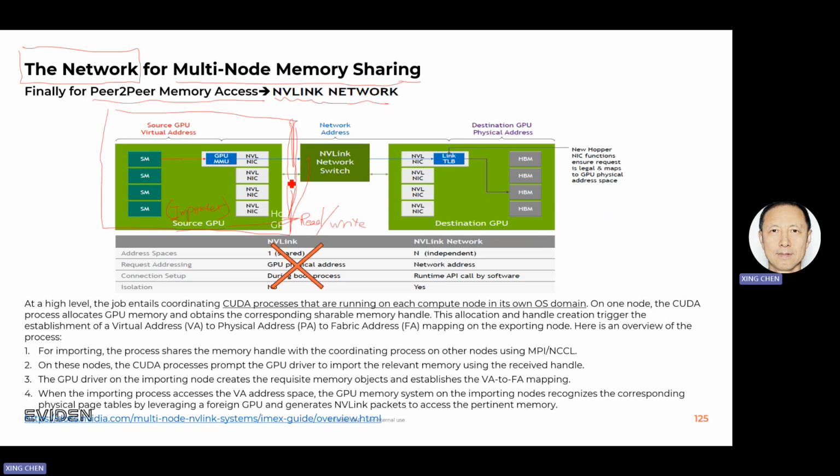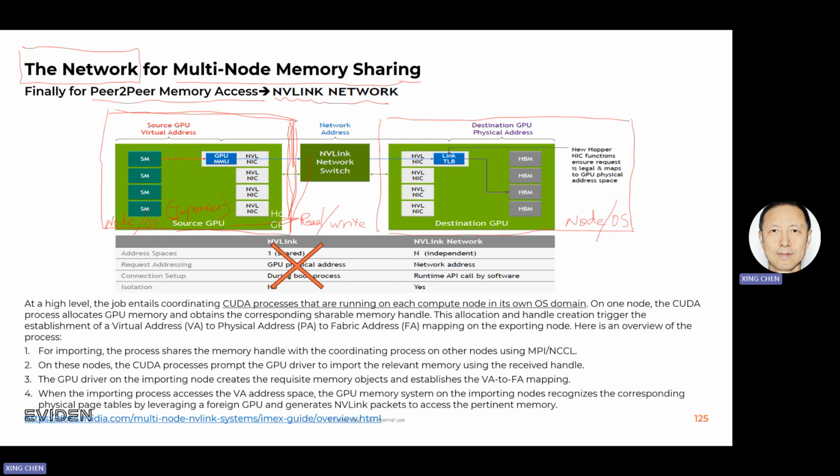Okay, so this GPU is within a node with one operating system instance. And on the other side, we have another GPU, and this GPU belongs to another node with its own operating system instance.